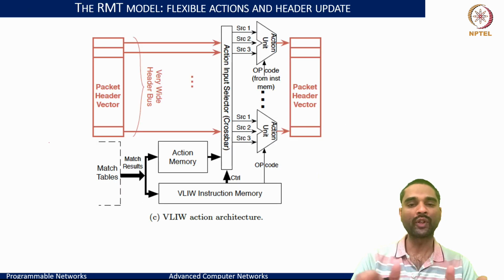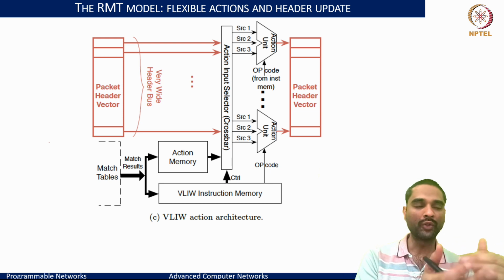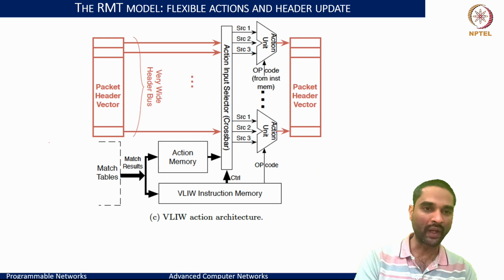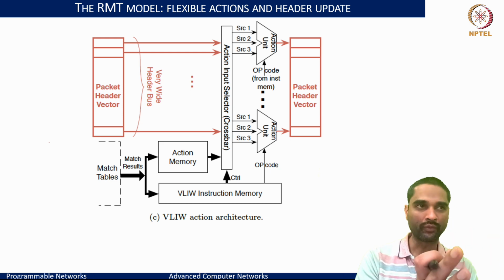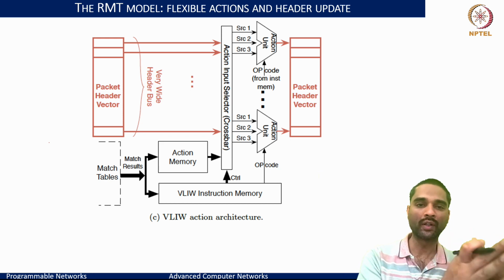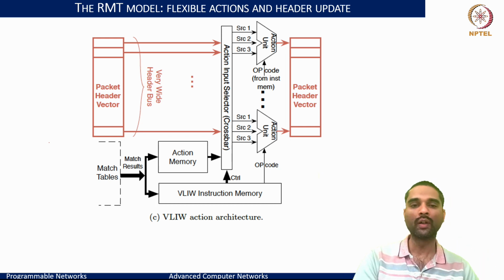So how this processing really happens is, as the packets come, you logically separate out the packet header vector, which can be of 4K bits, and separate out the payload from it.